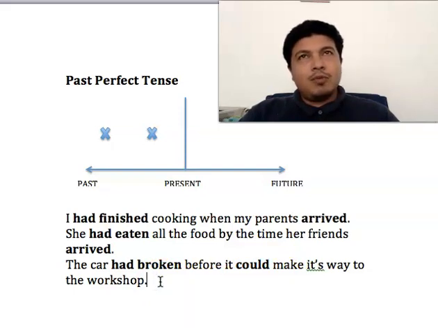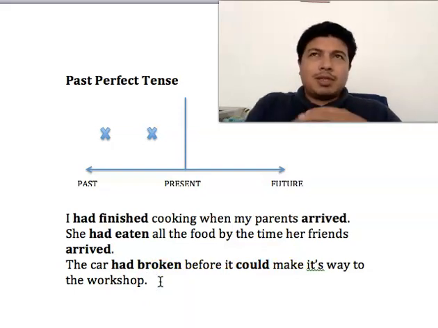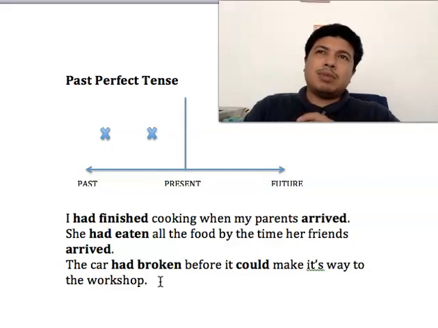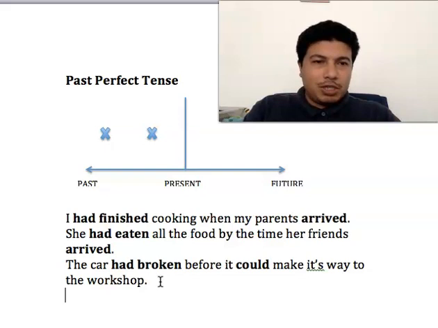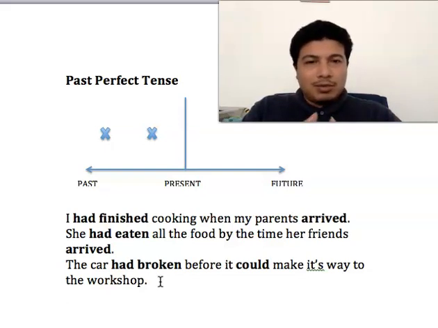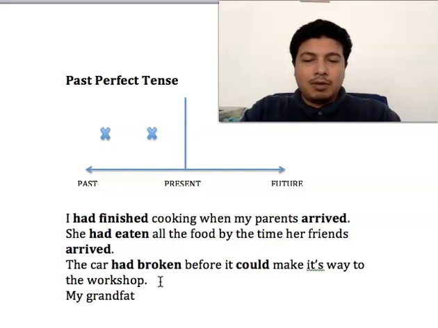Also, if you want to stress that something that happened in the past has totally finished in the past, yes, you can, although you don't have two things that happen in the past. For example, when you say my grandfather had died 20 years ago.